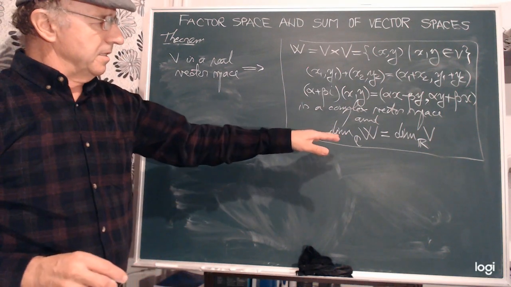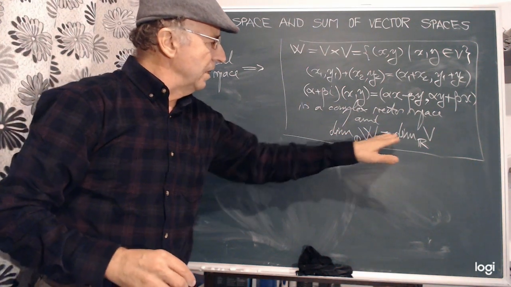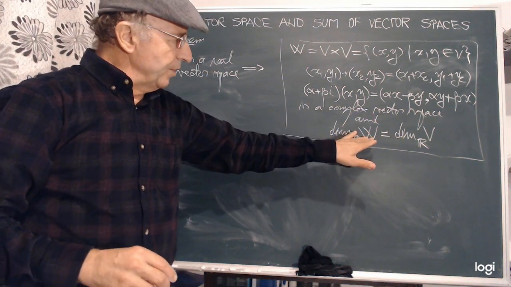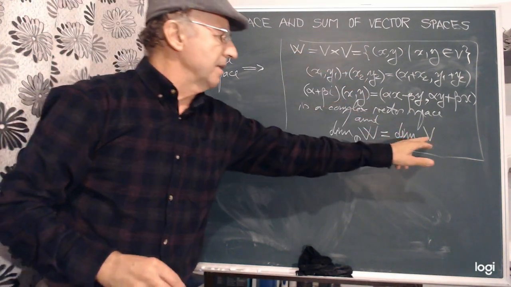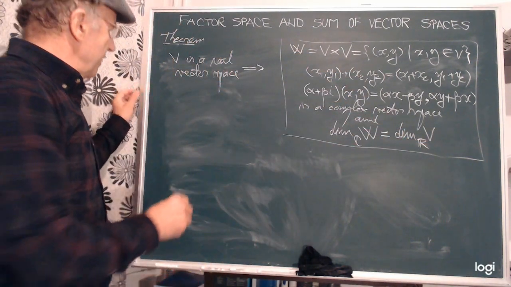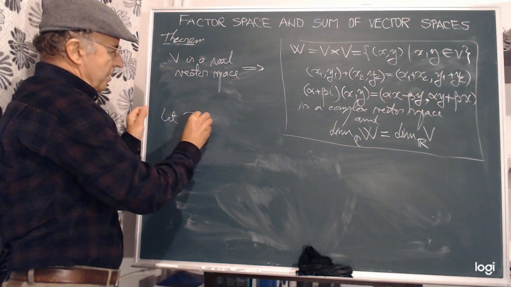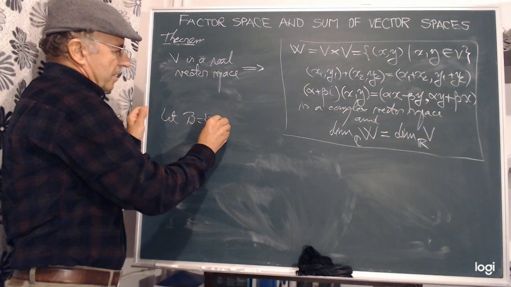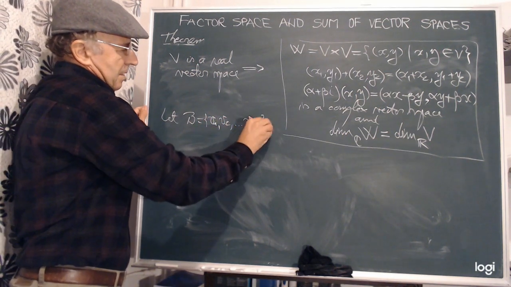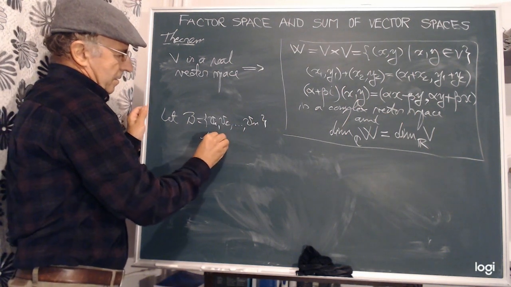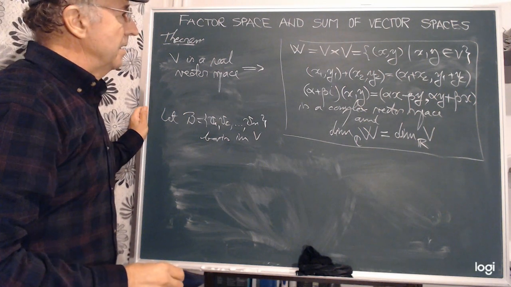Let us consider now, we try to obtain a basis in W by starting from a basis from V. For this, let B equals v1, v2, up to vn be a basis in V, in this real vector space.